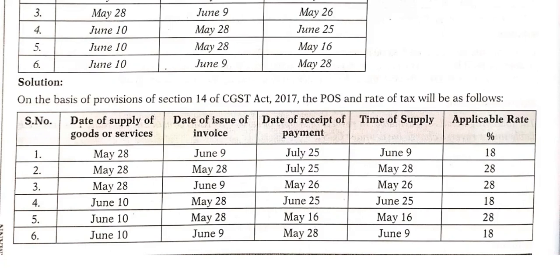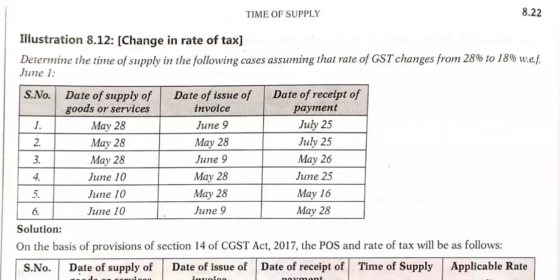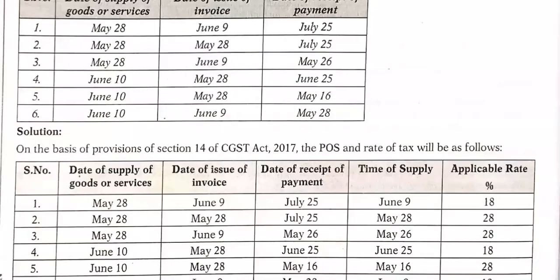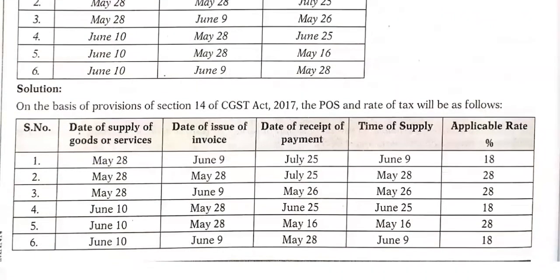We have seen one chart earlier, you need to compare using that. So June 9 will become the time of supply. Now in June, the rate was 18%, starting from June 1st. So 18% is the GST. Now in the second case, May 28 is the date of issue of invoice and May 25 is the receipt of payment.